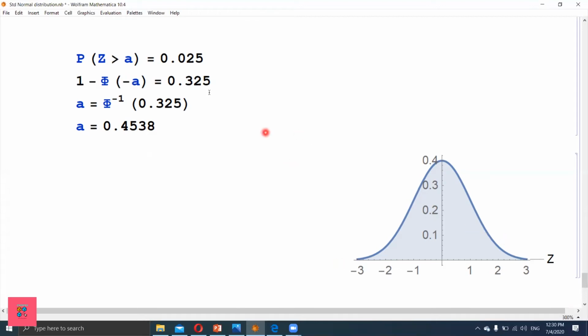The area is very little, 0.025, but it is on the right tail, not on the left tail. This greater than sign shows this area 0.025 must be on the right tail.